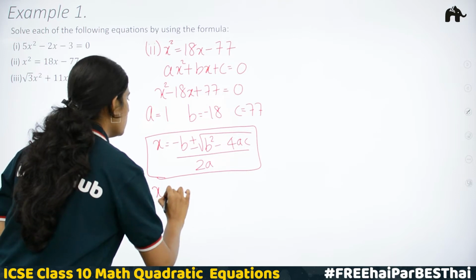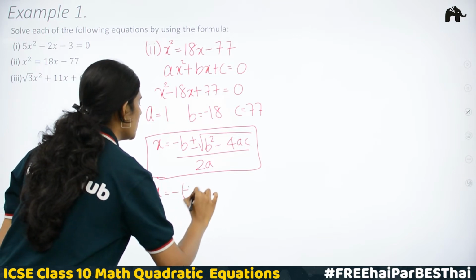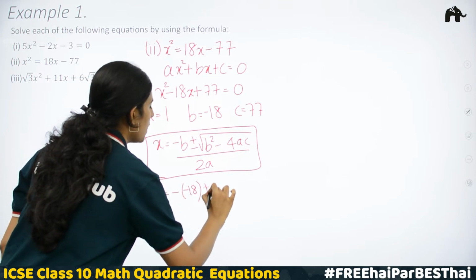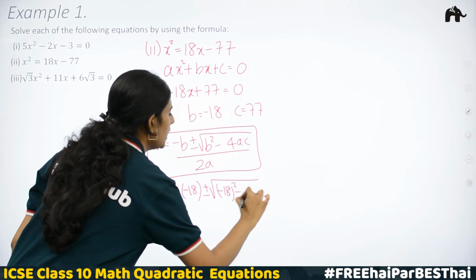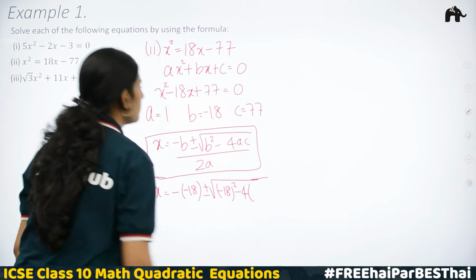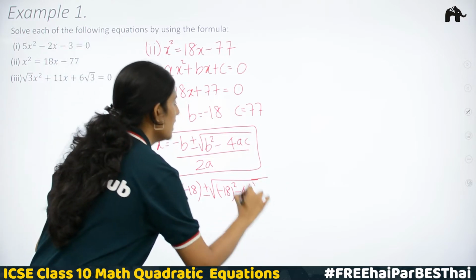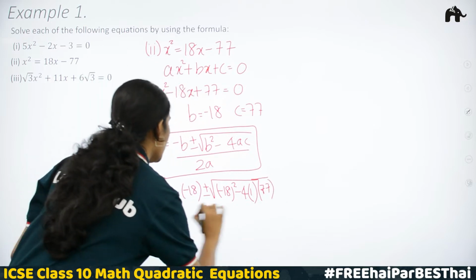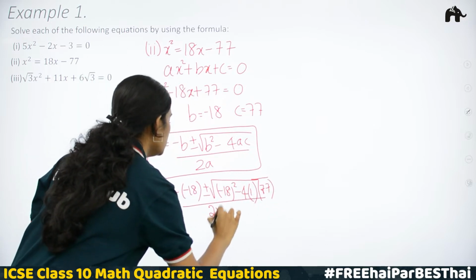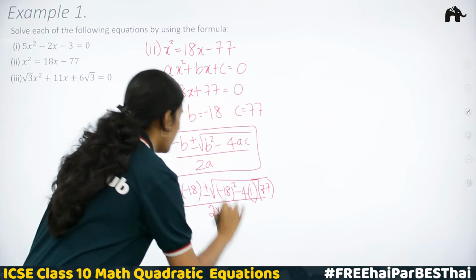Then x is equal to minus of minus 18 plus or minus root of minus 18 whole square minus 4 into a is 1 and c is 77, divided by 2 into a, a is 1.